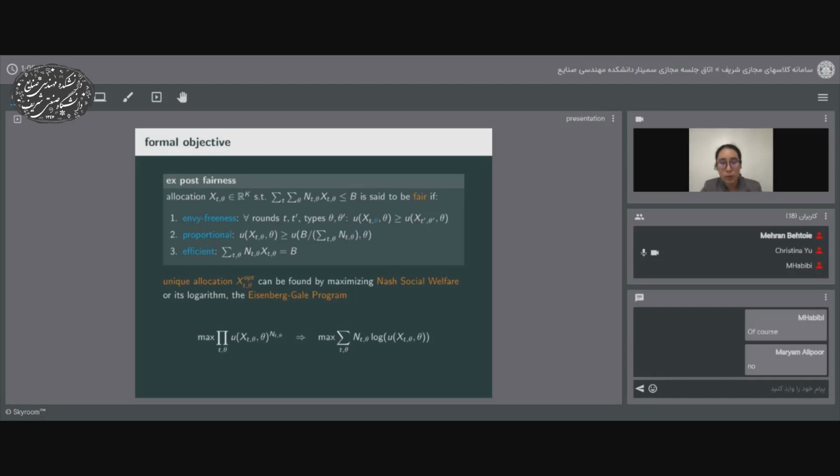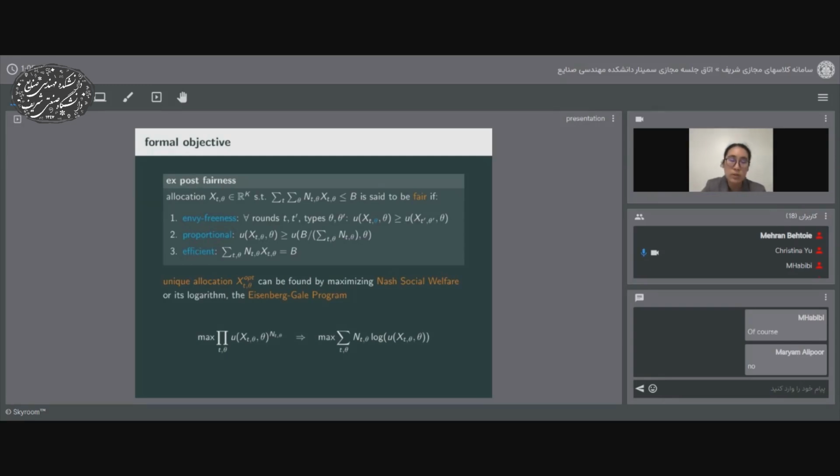So again, envy freeness means that every individual has a higher utility for the allocation he himself got. So the utility of an agent of type theta for the allocation given to an agent of type theta is at least as good as the utility the agent of type theta has for the allocation given to any other agent type theta prime.